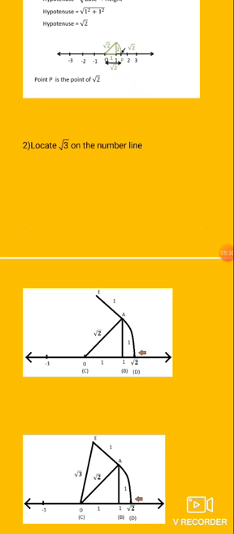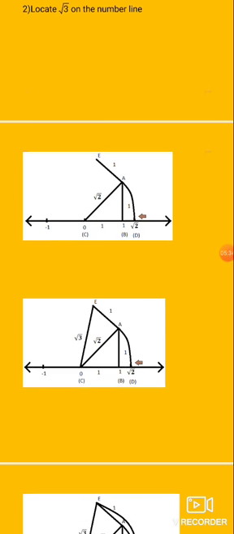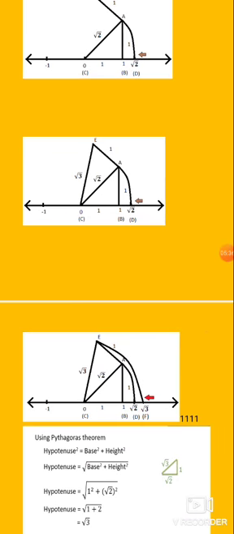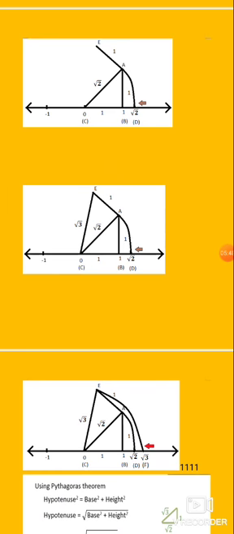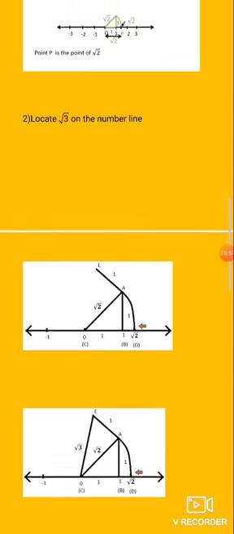Next figure, listen. Consider this triangle and use the Pythagoras theorem. Hypotenuse square is equal to base square plus height square. One side is root 2, the other side is 1, in this top figure.